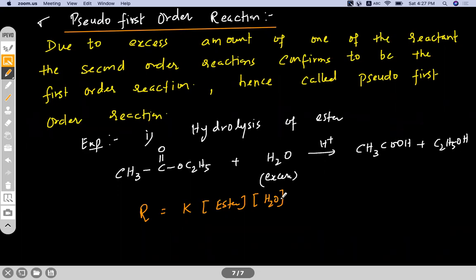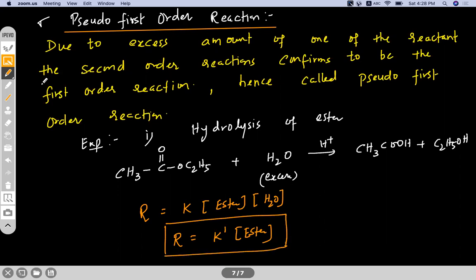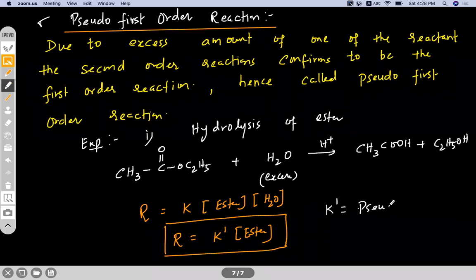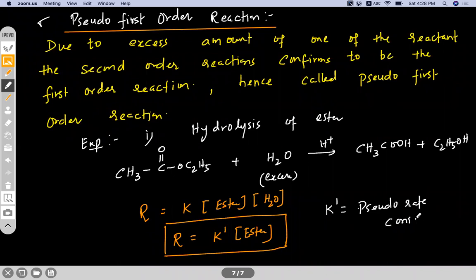So K into this constant concentration will give a new rate constant, that is K dash, into ester. This is the rate expression of this reaction. And this K dash is called pseudo rate constant.